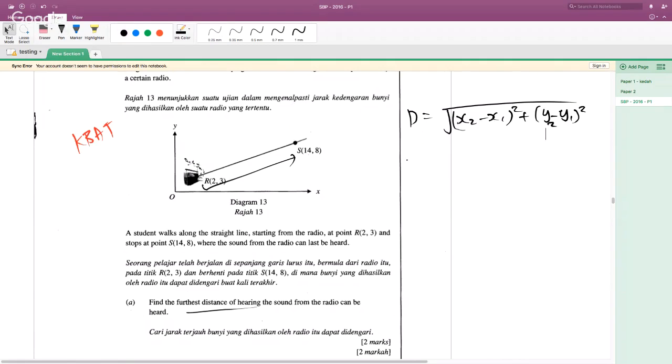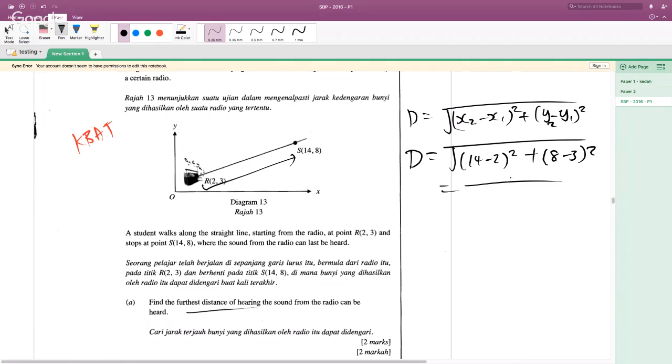I have two coordinates here, so I substitute in to get the distance equals square root of 14 minus 2 squared plus 8 minus 3 squared. So this is 12 squared plus 5 squared. This is Pythagoras: you get 169, and the square root is 13. So the distance is just 13.